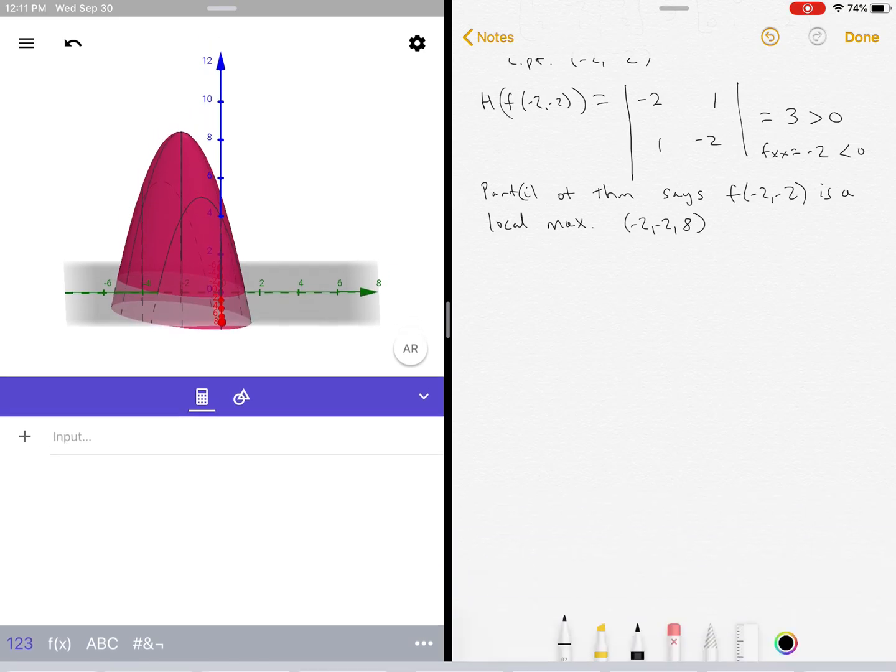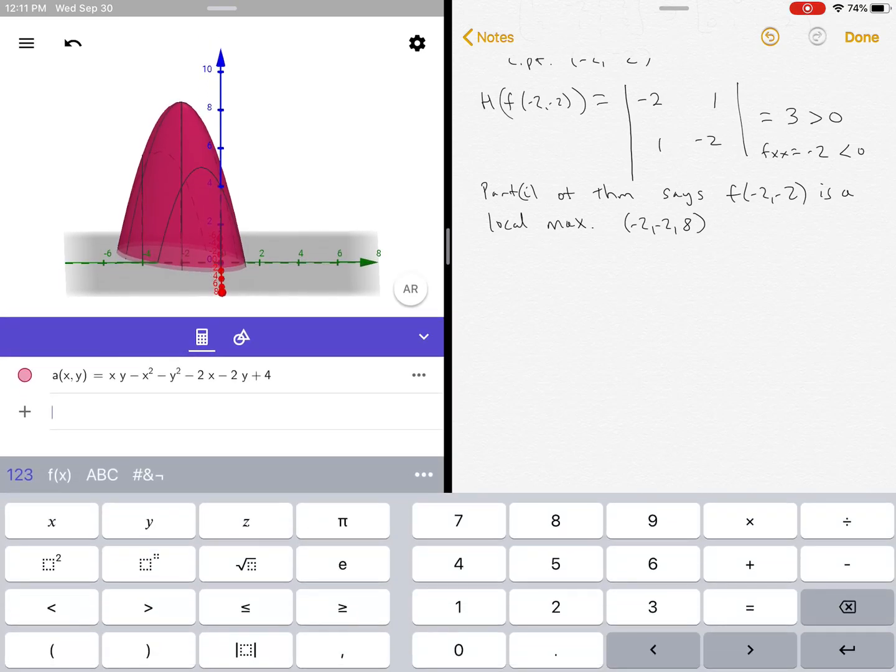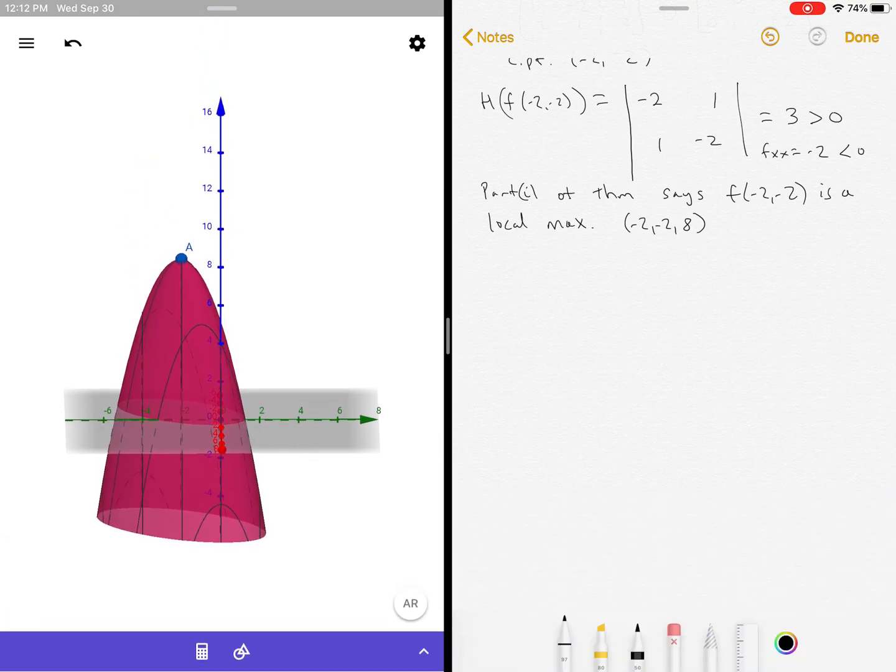And let's put in the point minus 2, minus 2, comma 8. And there it is. Let's make this bigger here, right? You see right there at the top at minus 2, minus 2, 8, there is a local maximum.